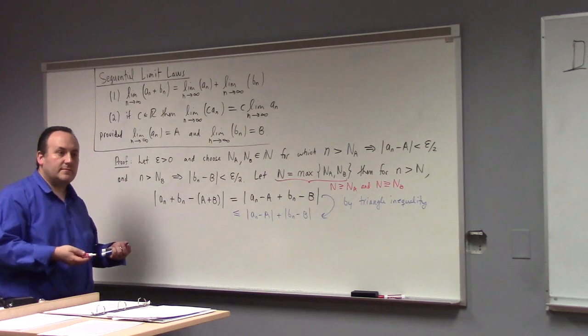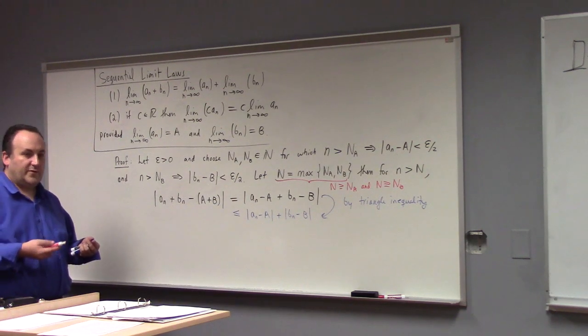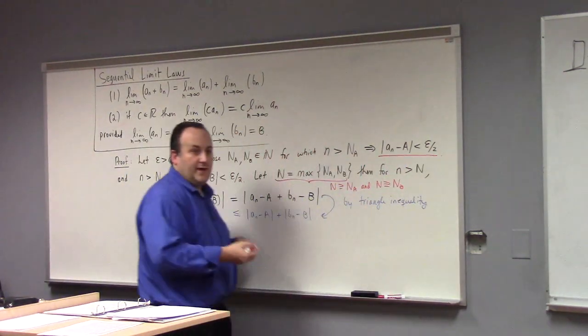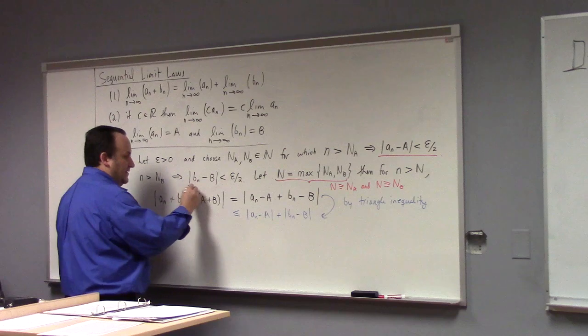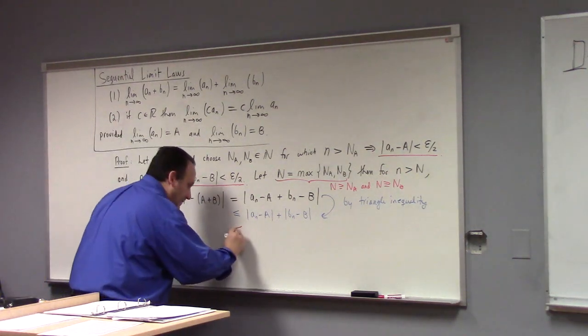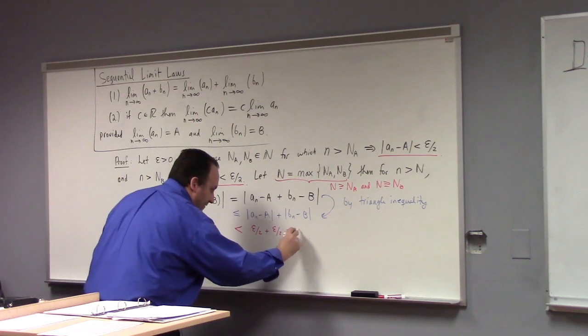Which means what? We have both this condition here, and this condition here. So this is less than epsilon over 2 plus epsilon over 2, which, by the way, is equal to epsilon.